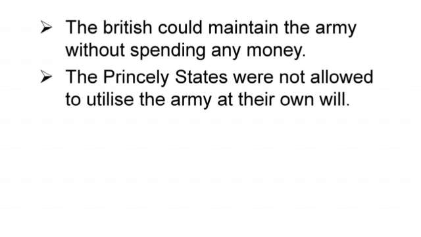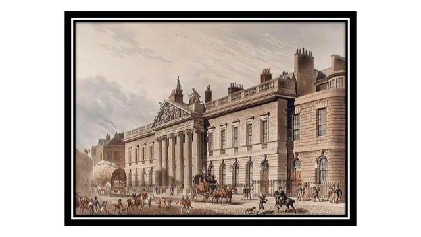The princely states were not allowed to utilize the army at their own will. So the kings were bearing the entire expenses of the army, but they did not have the freedom to use the army. That was one kind of torture that they were facing. This policy was completely for bringing more and more income for the Britishers, and they also wanted to expand their British Empire.